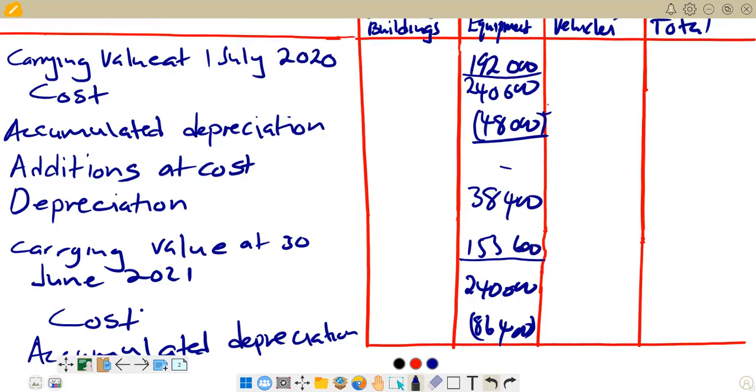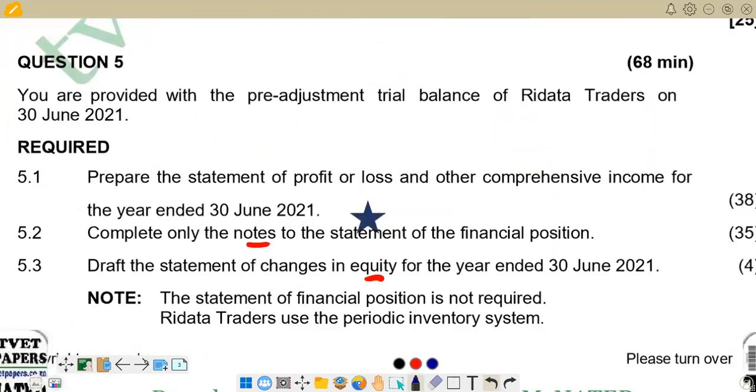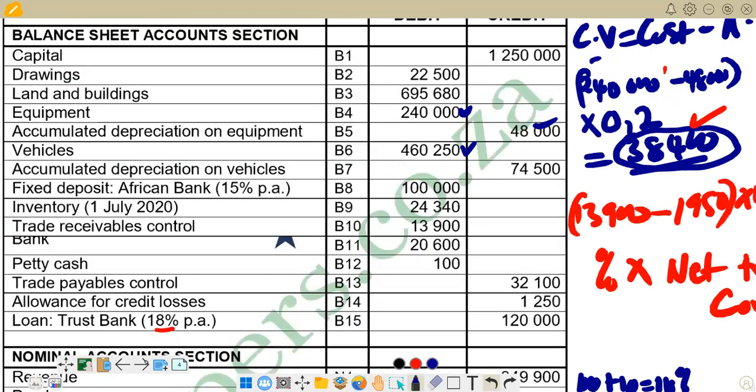Land and buildings, there's no depreciation, remember, and no additions in terms of purchase. So we are just going to input the figure that we have, which is 695,680, and it is going to go throughout with no depreciation. Remember, we don't depreciate land and buildings.